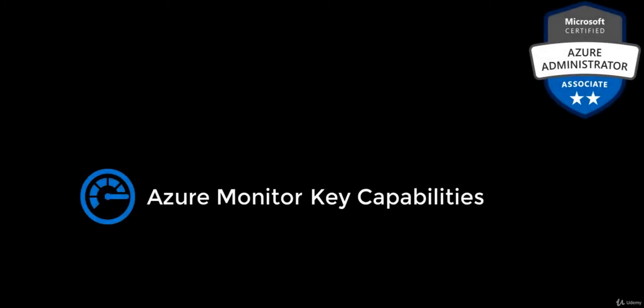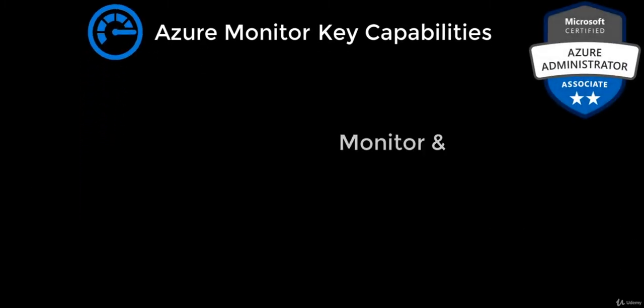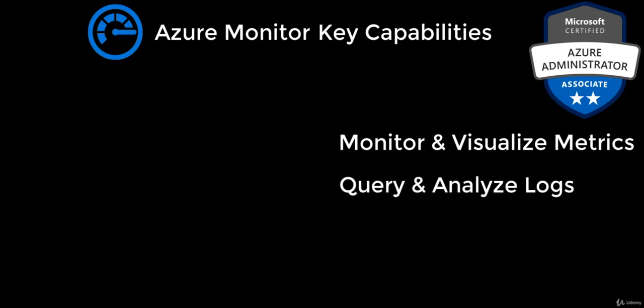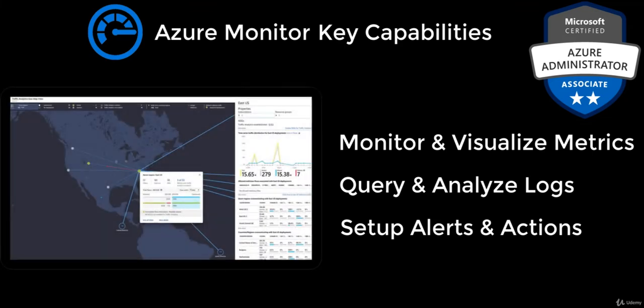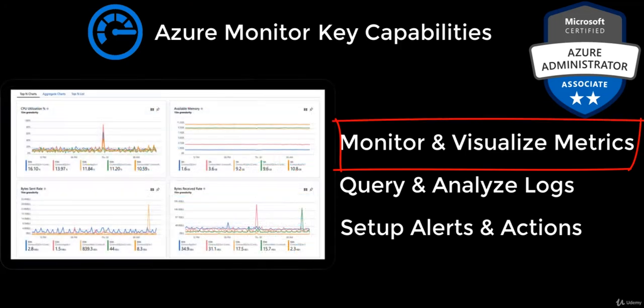Azure Monitor provides three main capabilities: monitor and visualize metrics, query and analyze logs, and finally, set up alerts and actions. These three capabilities make Azure Monitor a powerful solution for not just cloud-based resources, but also for on-premise applications. The first point is monitor and visualize metrics.